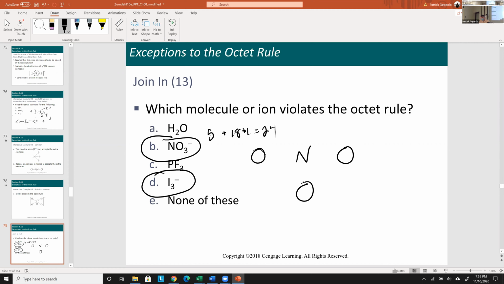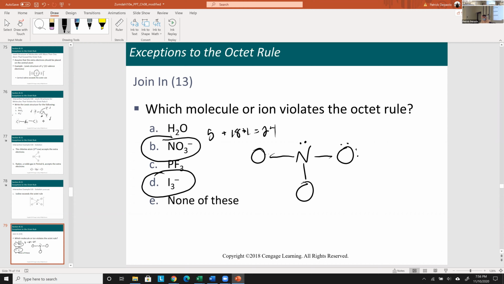So what this means is you're going to draw single bonds, and then we can fill it in. So we're going to have 2 electrons here, then 1, 2, 3, 4. So let's see what we can do. So here's a way to think. There's different ways to approach them, but the single bonds make them 6, right? There's 2 electrons in each single bond.